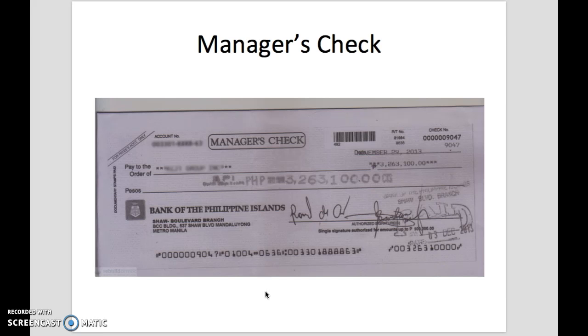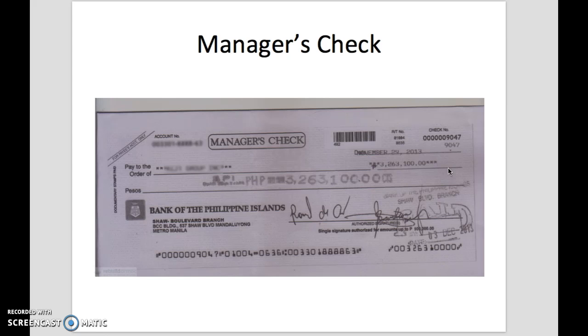But here, the manager's check is actually guaranteed by the bank. So how it works is, for example, I want to pay Clark Kent a certain amount of money, let's say 3,263,100.